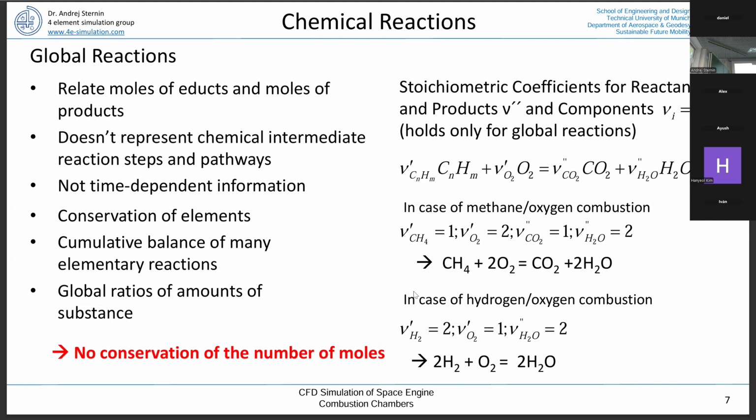What you find in the literature is this stoichiometric coefficient. So if it's the educts, we have 1 prime, products are 2 prime. If we look into methane oxygen combustion, methane would be 1, oxygen we need 2 in order to be able to generate the carbon dioxide and the water.